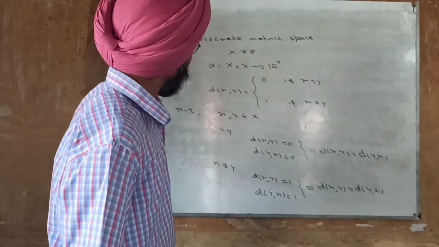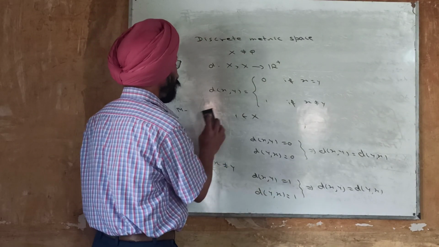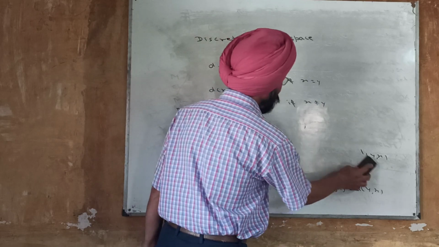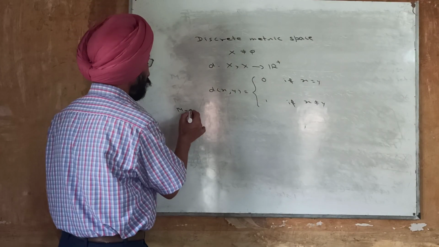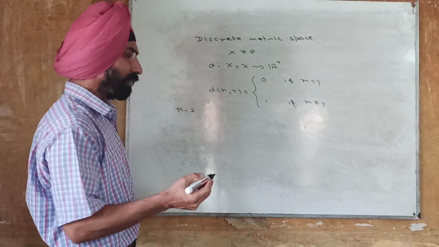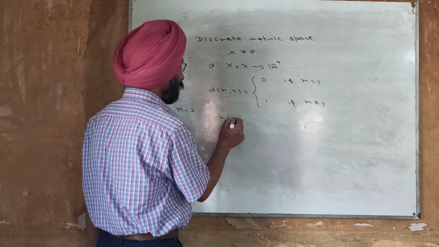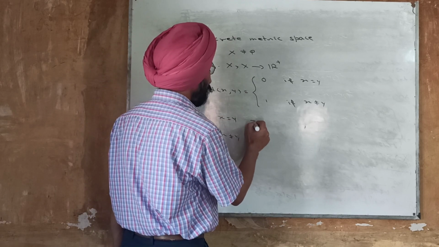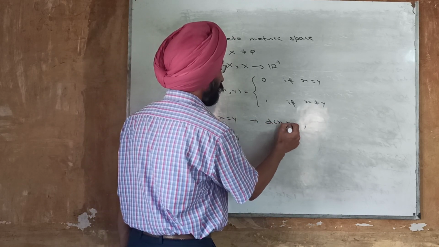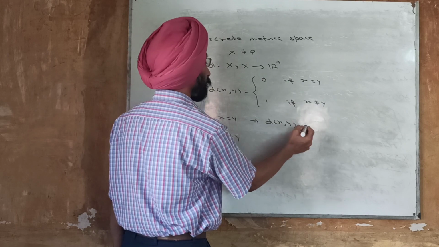Now we move on to the second property, M2, that means the positivity. Again there are two cases: either x is equal to y or x is not equal to y. If x is equal to y, then D of x,y by our definition becomes 0.